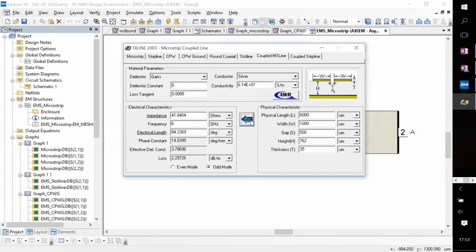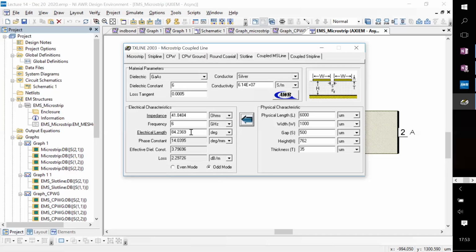So what does that mean? The odd mode will have a higher velocity. Exactly, because the smaller the dielectric constant, the speed of light in a medium is 1 over root epsilon mu, right? So it goes inversely as the dielectric constant.